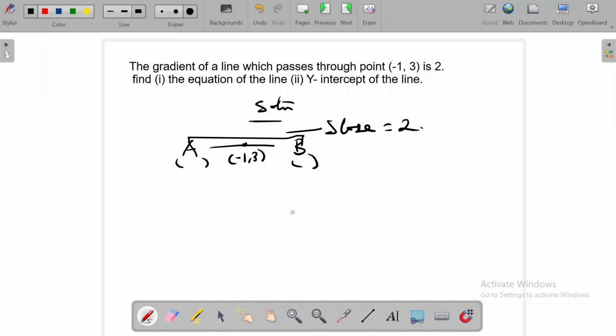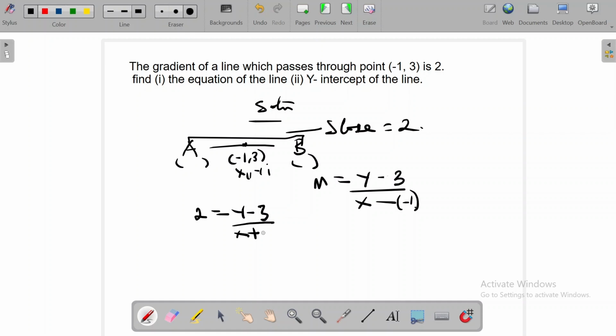So I know from the formula that m should be y minus y1 over x minus x1. What is my y1 in this case? This is 3, and x minus what is my x1? That is negative 1. What is my slope? It is 2. So this becomes 2 is equal to y minus 3 over x plus 1.